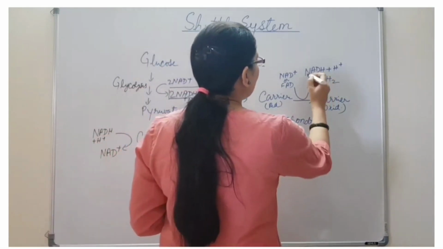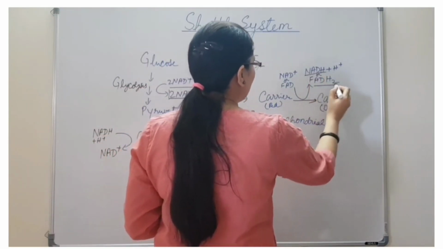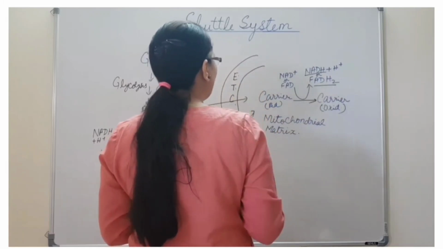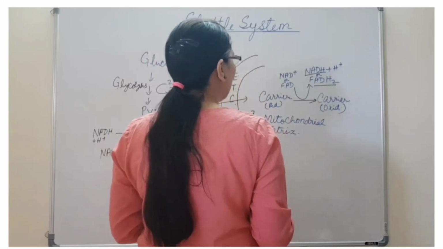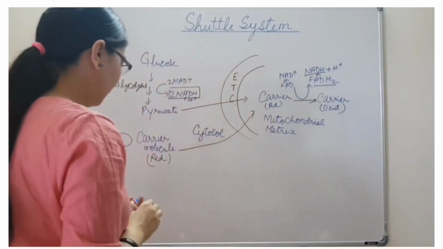Then this NADH or FADH2 transfers the electron to electron transport chain and ATP is produced.